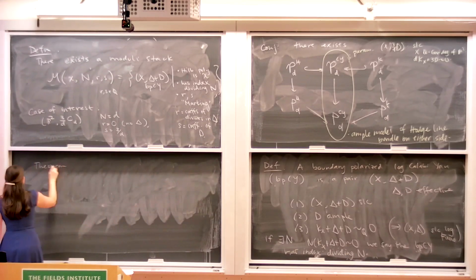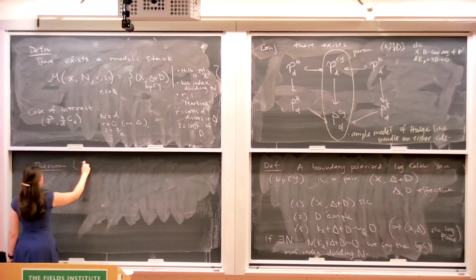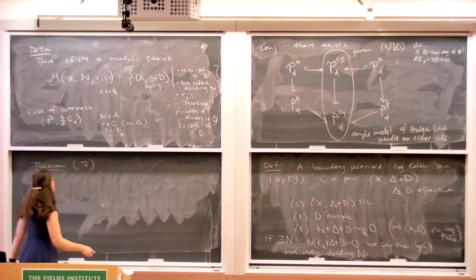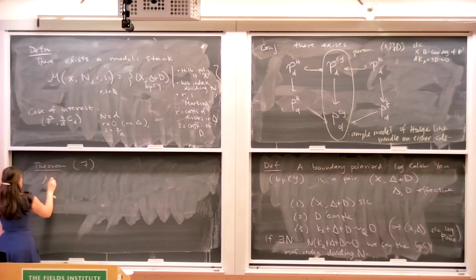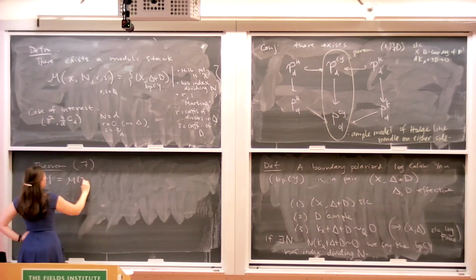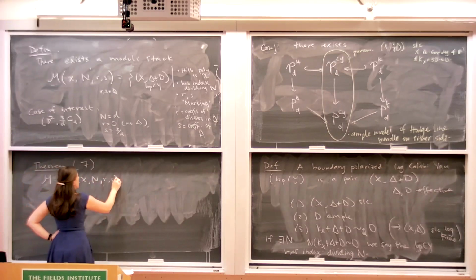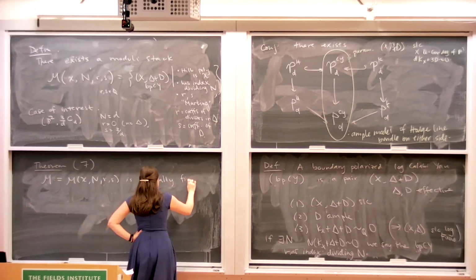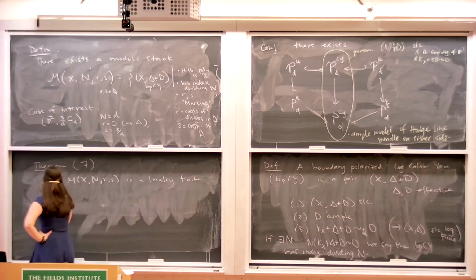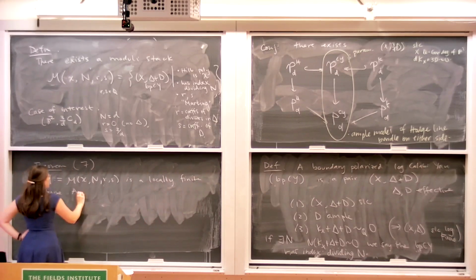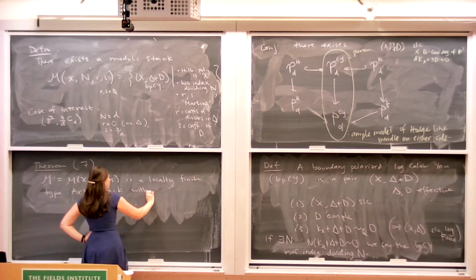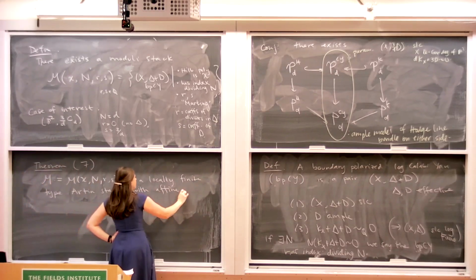So the first thing that we prove about this, with all 7 of us, is that this M, which I'll just call M at the moment, M chi N R S, is a locally finite type Artin stack with affine diagonal.